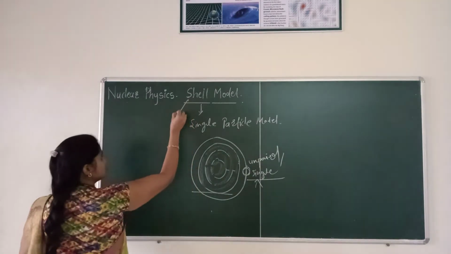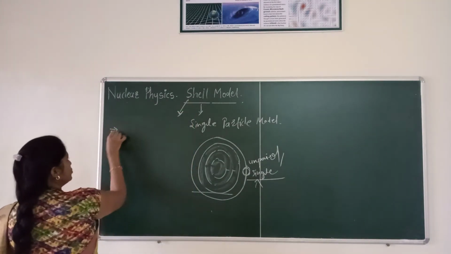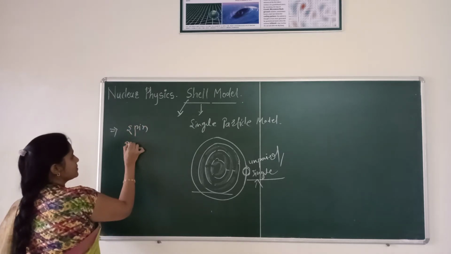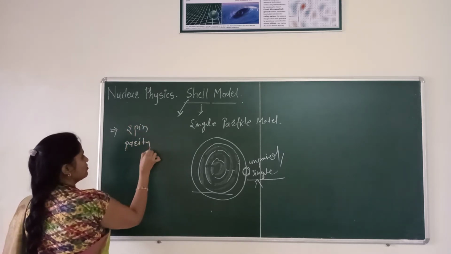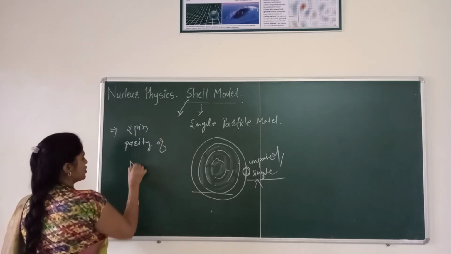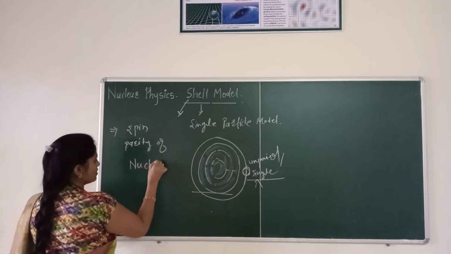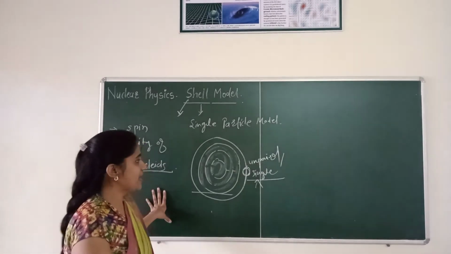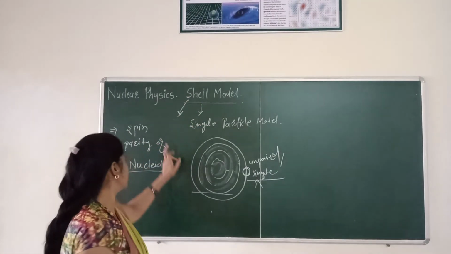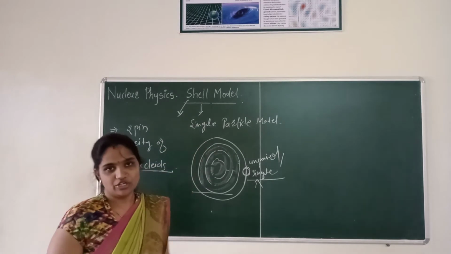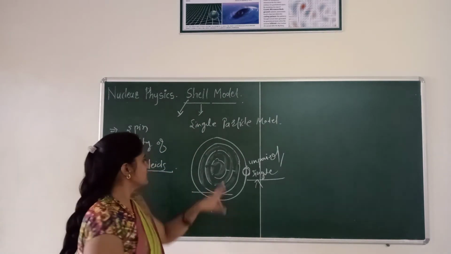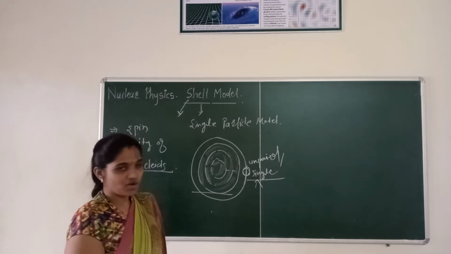By using the shell model, we are going to find the spin and parity of a given nuclide. The nuclide is given, and using the shell model we find its spin and parity.